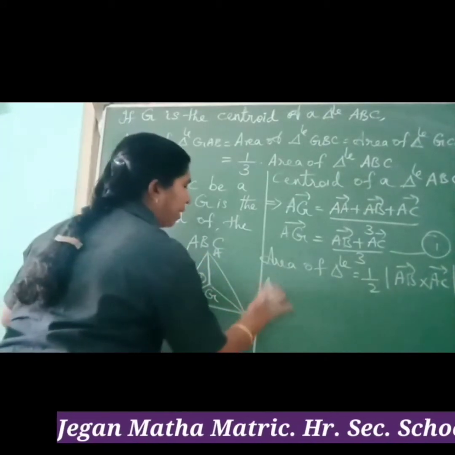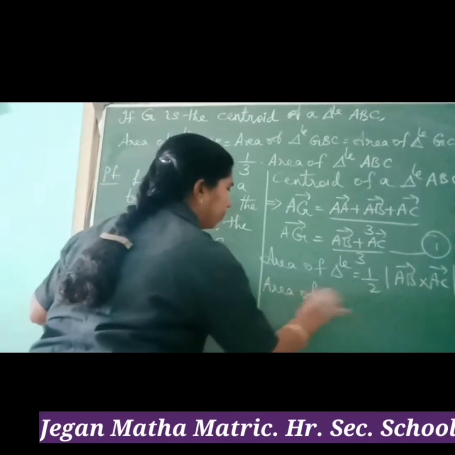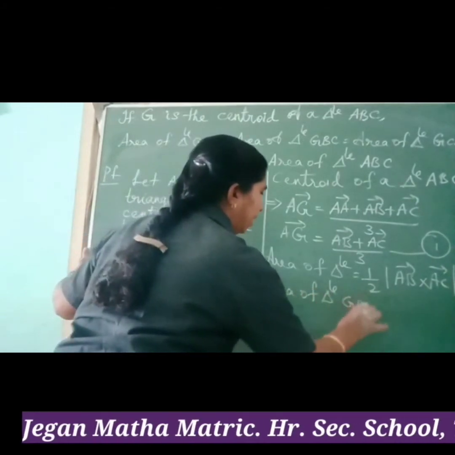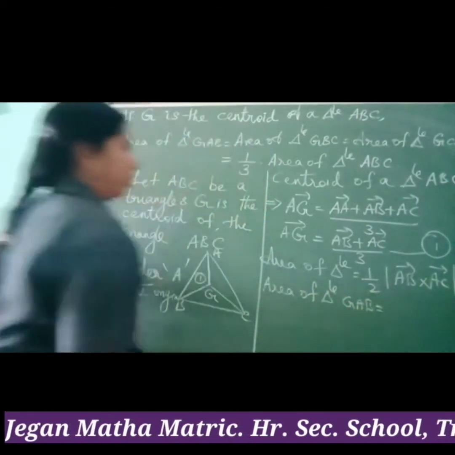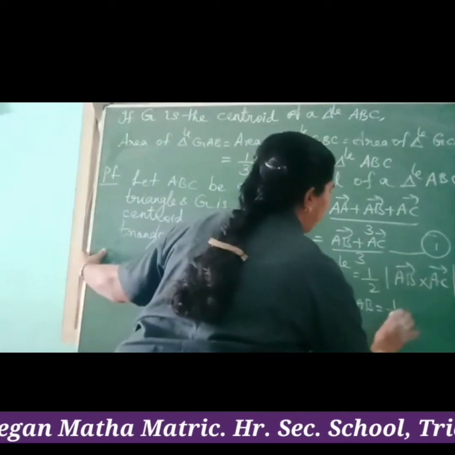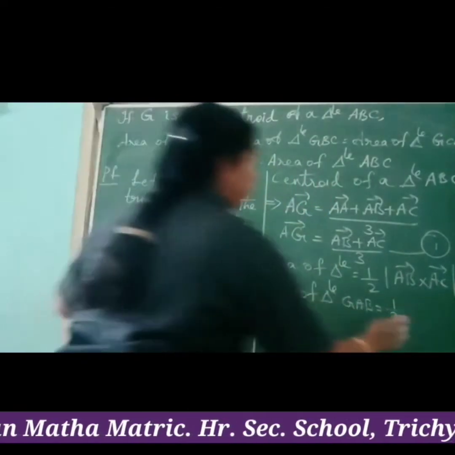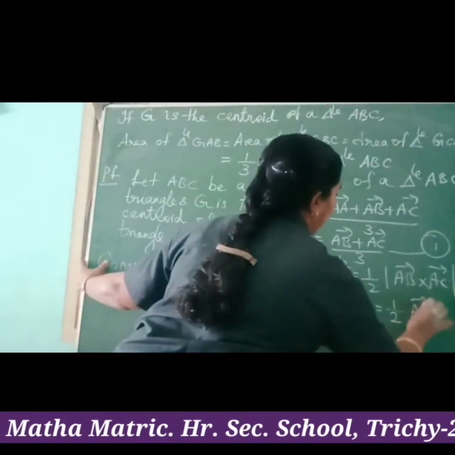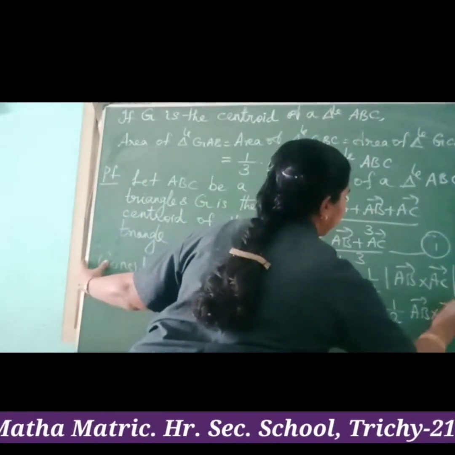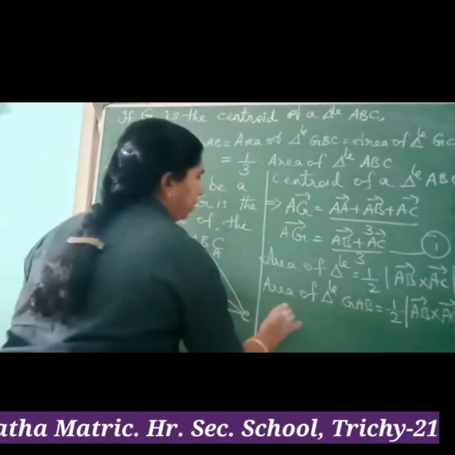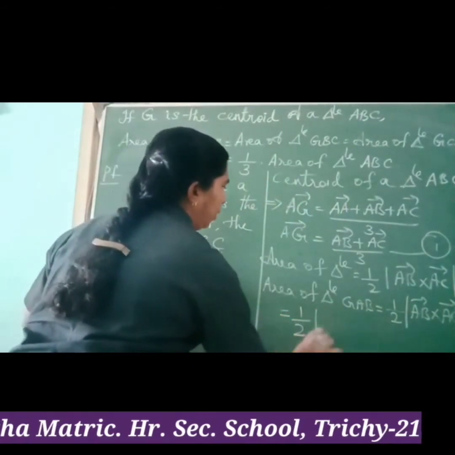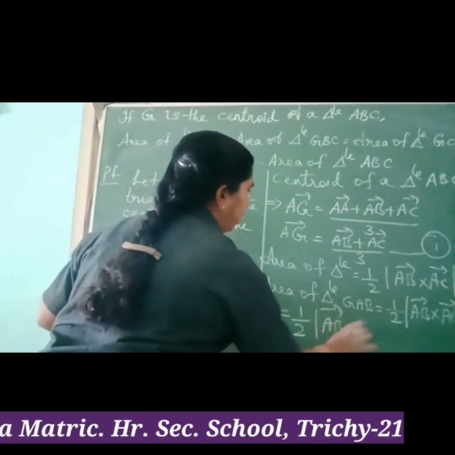So area of triangle GAB is equal to 1 by 2 into AB cross AG, which is equal to 1 by 2 into AB cross.